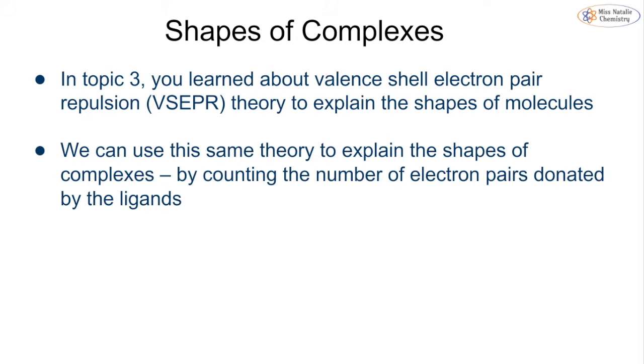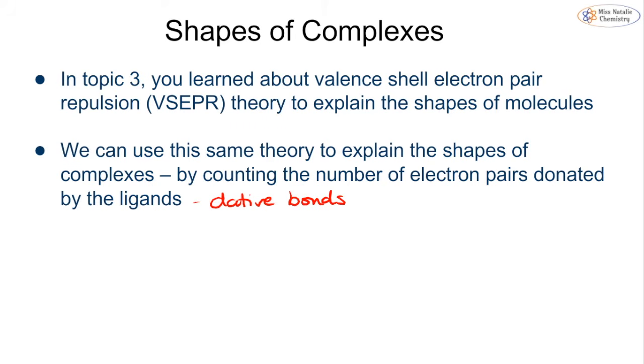Now moving on to the shapes of complexes. You learned, as I mentioned previously, back in topic 3 about valence shell electron pair repulsion, or VSEPR theory, and you use this to explain the shapes of molecules. We can do this in a very similar way, but rather than talking about the number of electron pairs in terms of bonding and lone pairs, we are talking about the number of electron pairs donated to form the dative bonds.